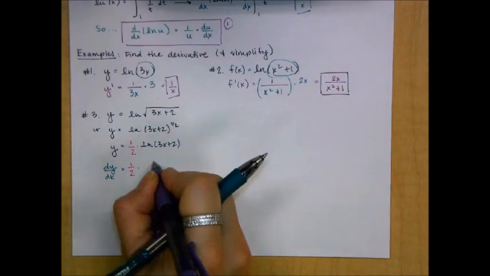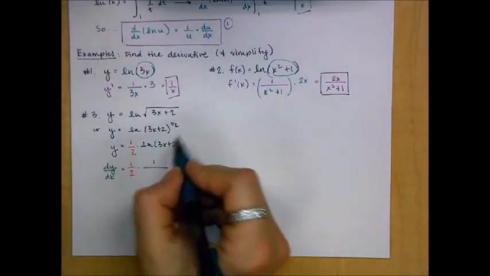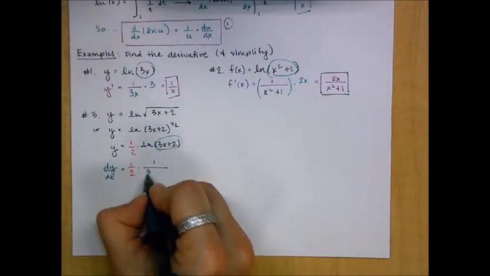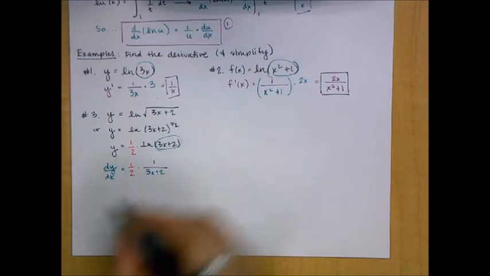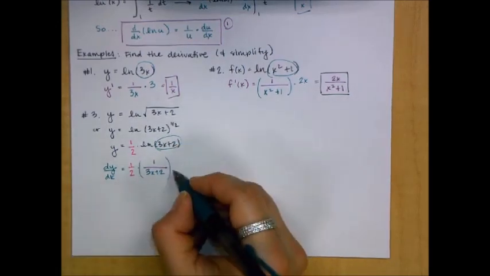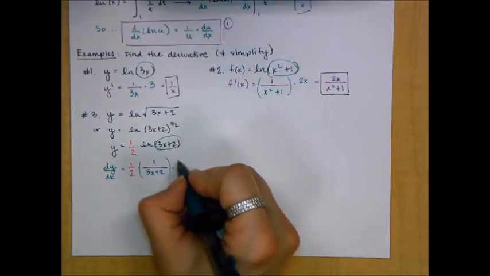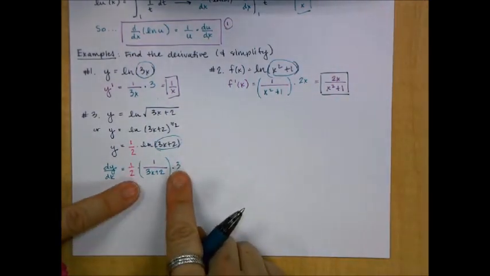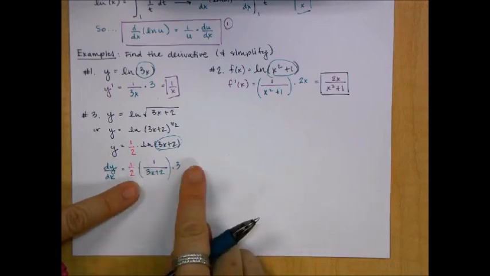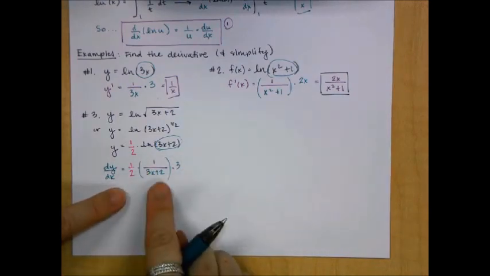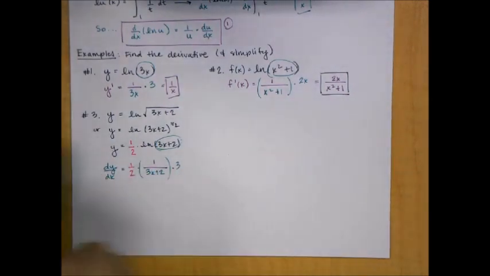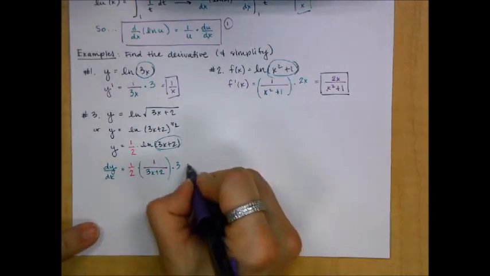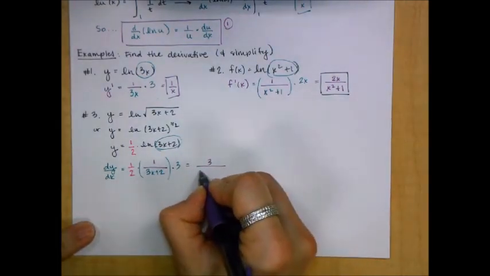So the stuff inside is 3x plus 2. And then I want to multiply that with the derivative of 3x plus 2. The derivative of that is 3. So now putting it all together, I've got a 3 in the numerator and 2 times 3x plus 2 in the denominator. None of that will reduce. Nothing else can be factored. So this is my answer.